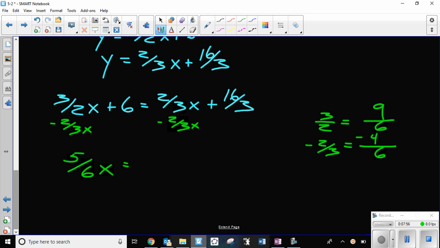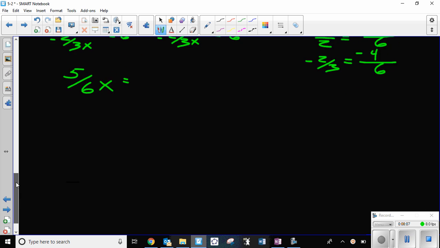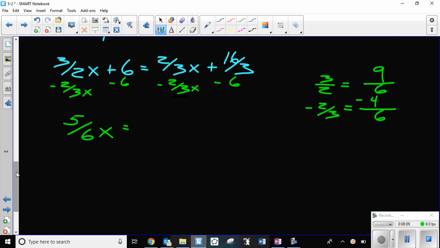equal to, and now it looks like we're going to have to do about the same thing. I need to subtract 6, subtract 6. My common denominator out of this one is going to be 3. So 16/3 can stay, but I need to take a negative 6/1 and change that to a denominator of 3.